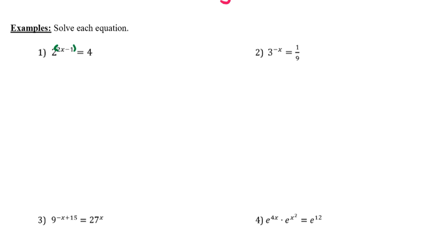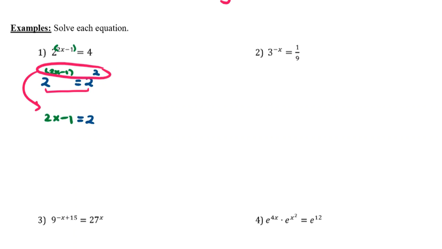So I think we all have an idea of how we can rewrite 4 using a base 2. 4 is the same as 2 squared. So we have 2 to the power of 2x minus 1 equaling 2 squared. And so you'll see that these two bases match each other, meaning that we can now apply the one-to-one property for exponential functions, where we take 2x minus 1 and we set that equal to 2.